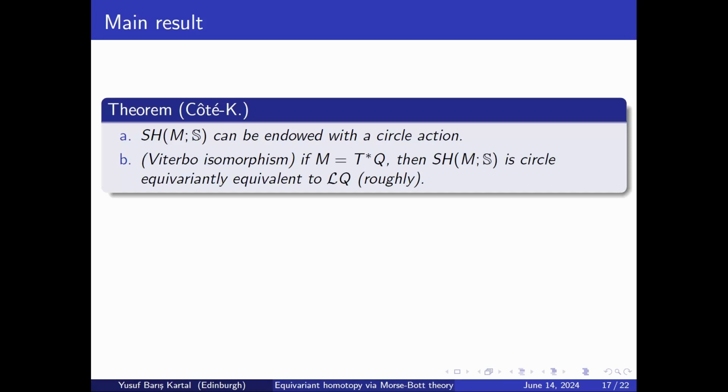If you want to be a little more precise, it's actually a Thom spectrum over the free loop space, but you don't need to know this. Similar to string topology for the free loop space, string topology at the spectral level is defined for the Thom spectrum of minus TQ over the free loop space.